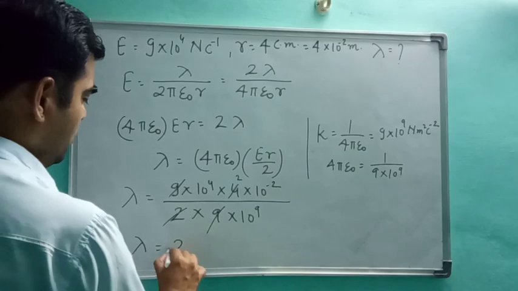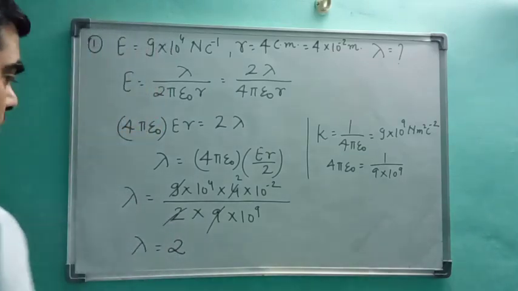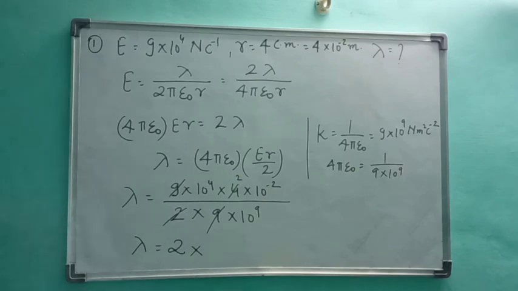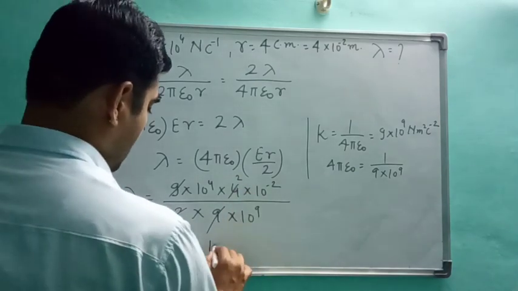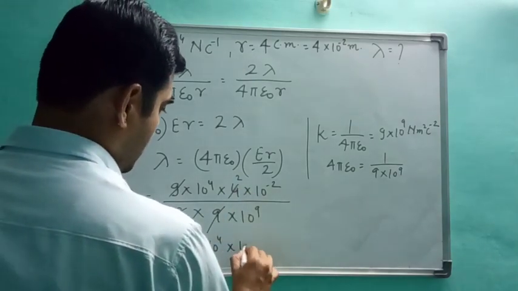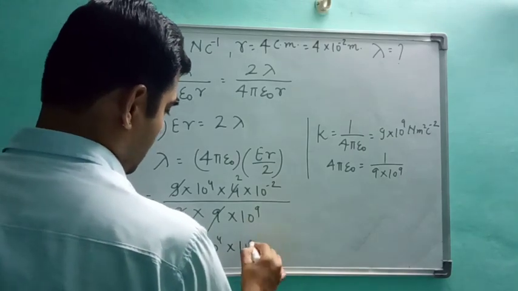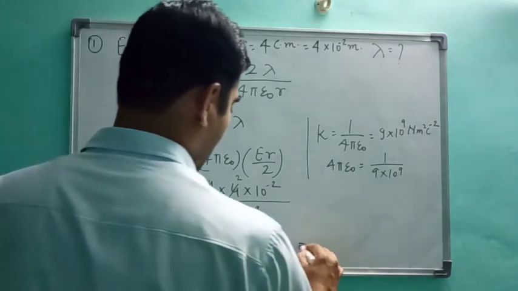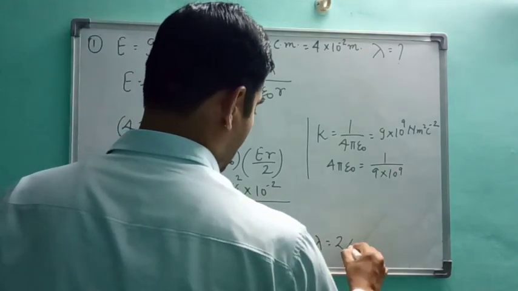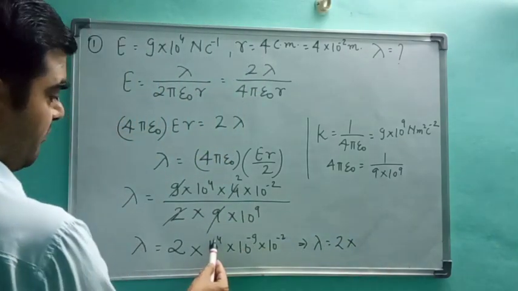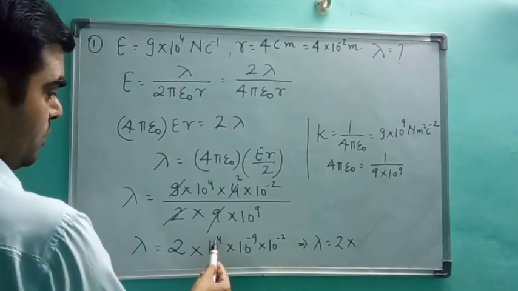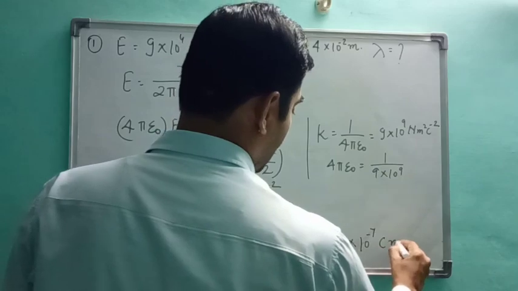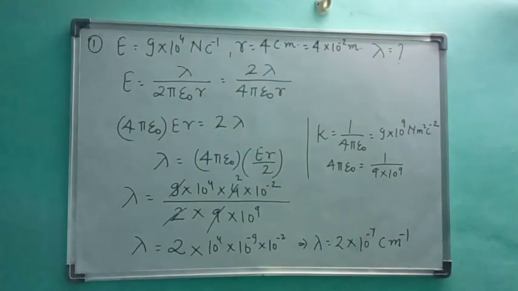Now the resultant value is 2, and solve the powers: 10 to the power 4, 10 to the power minus 9 and 10 to the power minus 2. So lambda is equal to 2 into 10 to the power minus 7 coulomb per meter. Find out this numerical.